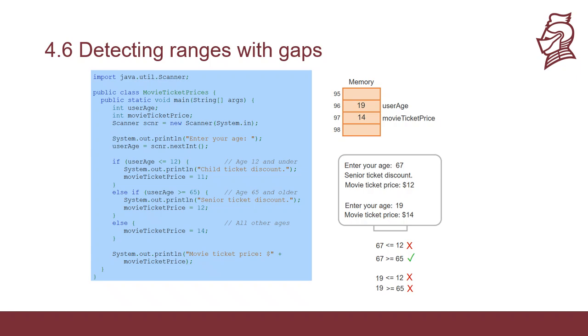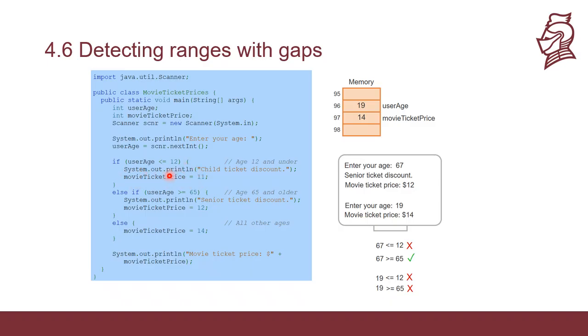Sometimes we want to define ranges that have gaps in them so that the range isn't all together. So if you look at this, for example, we're looking at ticket prices according to age. So that's just a handy example. If user age is less than or equal to 12, you get the child discount, and the movie ticket price is set to 11.